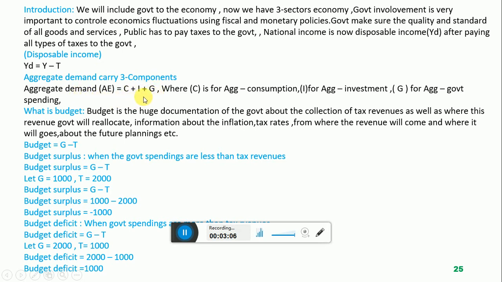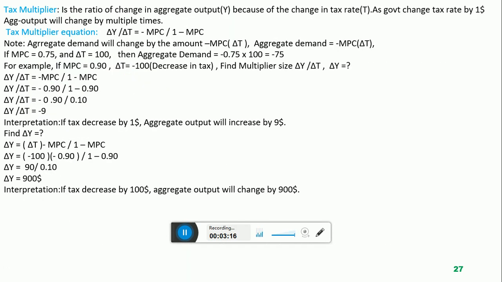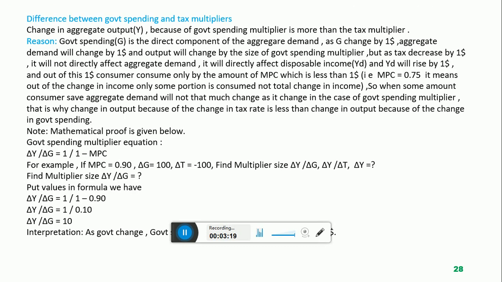So there is no tax in this equation. There is no tax in these three components of aggregate demand. That is why I am saying that G is the direct component of aggregate demand, and G is used as a symbol for the government spending. So when the government increases government spending by $1, aggregate demand will also increase by $1.